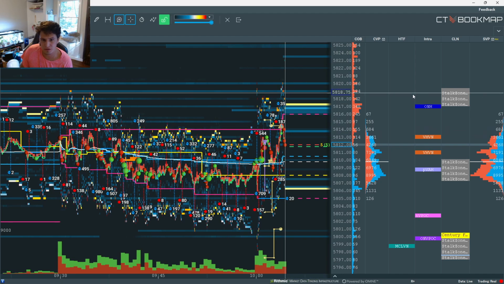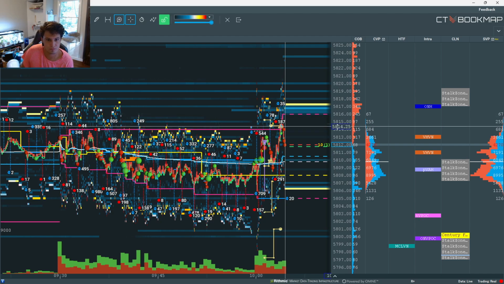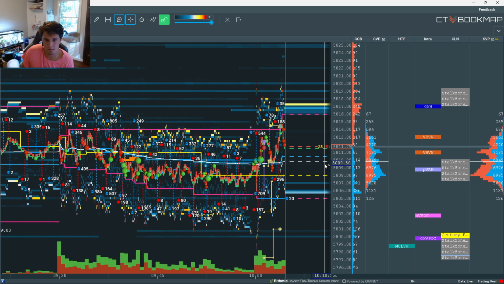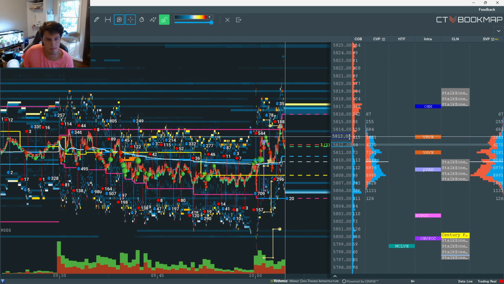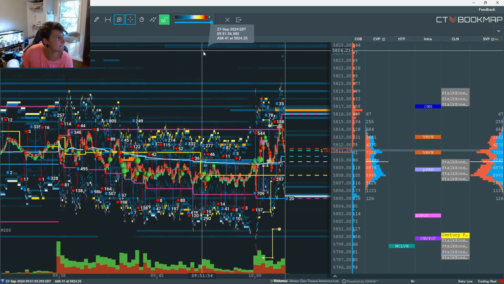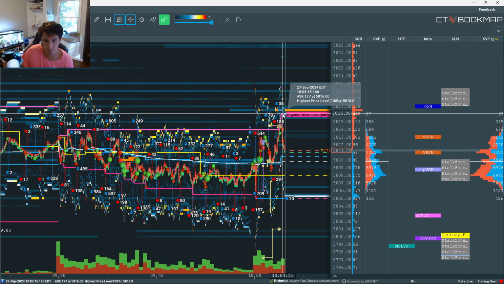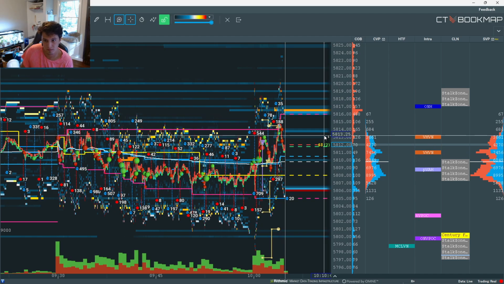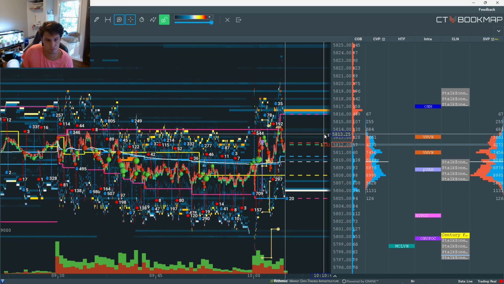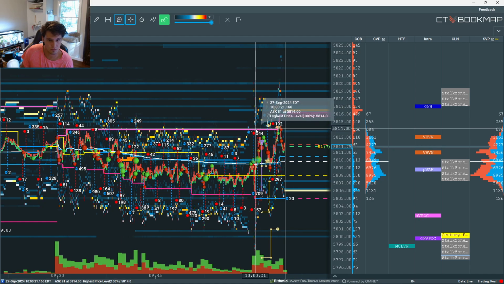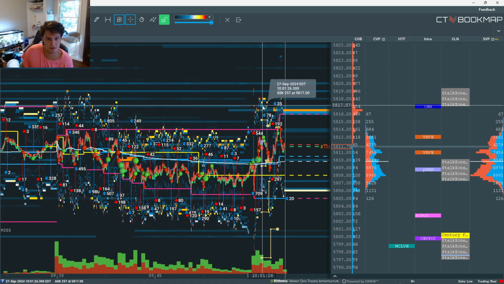There's only shorts up here. Yeah, we missed the overnight high there. Here's the edge. So we picked the stops off, missed the overnight high.